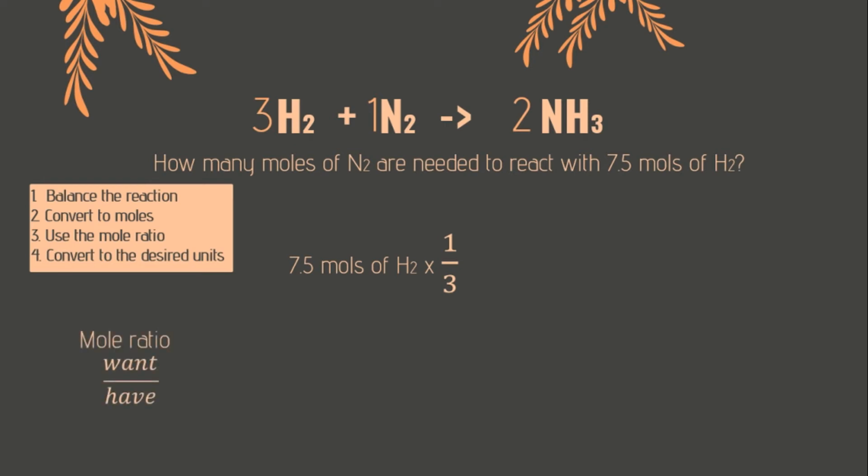Remember to always put on top what we want and on bottom what we have. So it tells us that 2.5 moles of nitrogen will react with 7.5 moles of hydrogen. And for the last step, because the desired unit is mole, we don't have to convert it anymore, and voila, the answer is 2.5 moles of nitrogen.